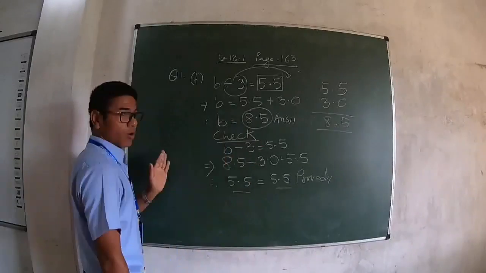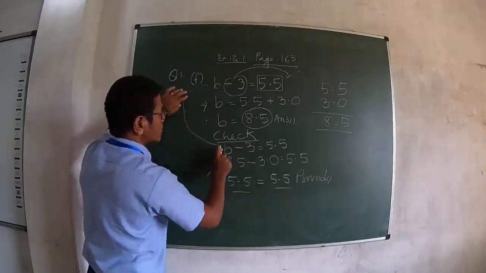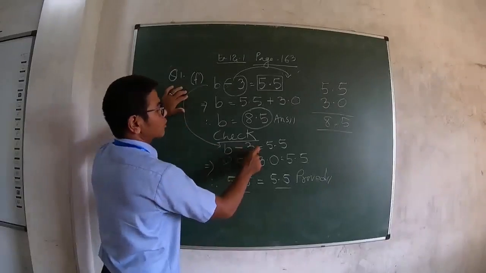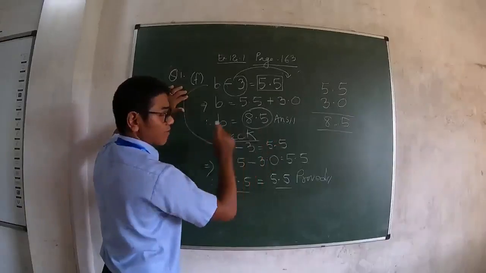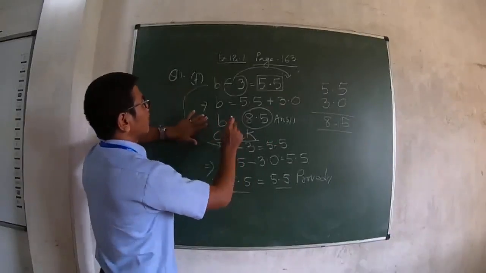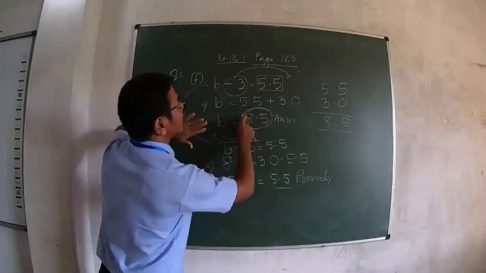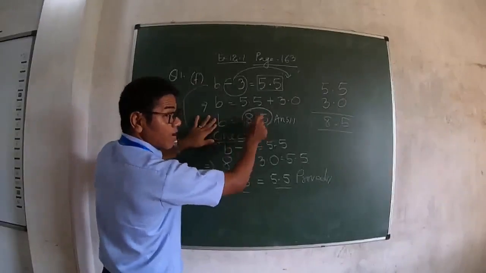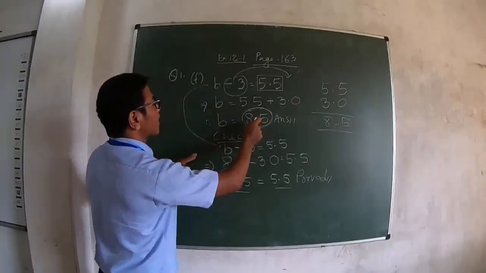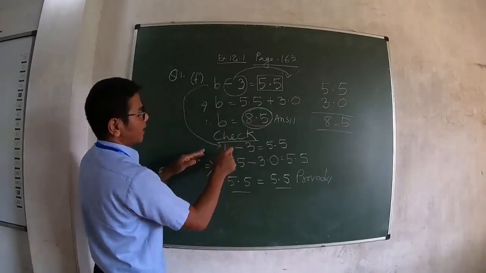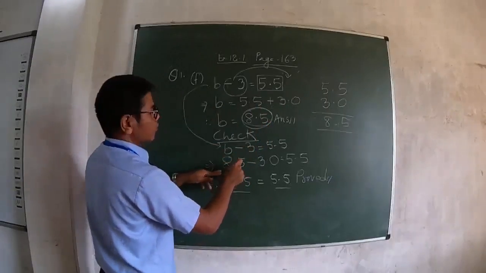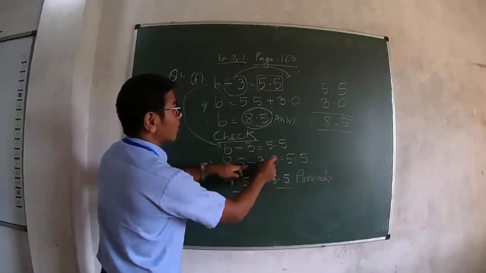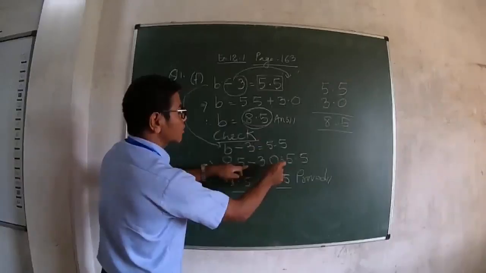We check it. We firstly write exactly B minus 3 equals to 5.5. Right. So now, in place of B, we write the value. Why? Because B is equal to 8.5. So since it's equal, in place of B, I can also write 8.5. So now 8.5 minus 3.0. This 3 means 3.0, 3 decimal.